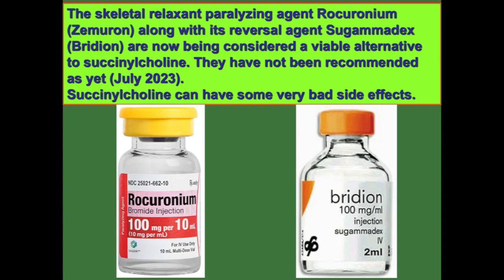And they've discovered a sugar molecule that was introduced a few years ago that's called Bridion or Sugammadex, that is a sugar structure that surrounds the rocuronium molecule intravenously and neutralizes it so it won't paralyze any longer. So this is a new quick treatment.